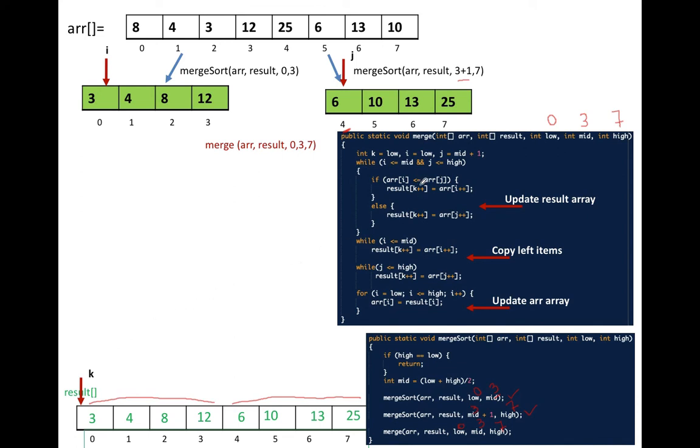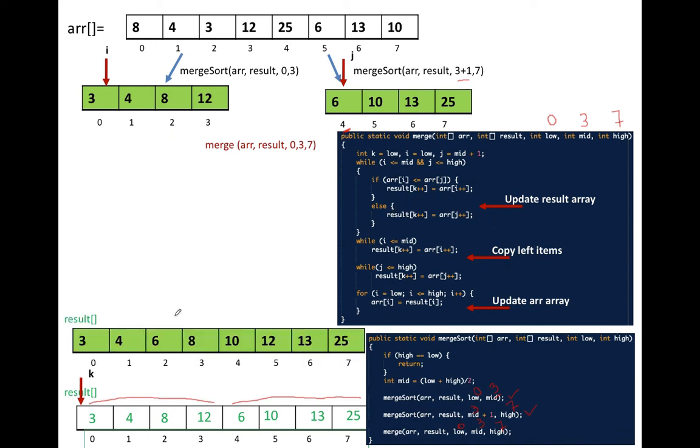So basically now we need to apply the same merge process that we just discussed for the left subarray. And after applying this merge process, we get the final sorted array, and we store the final sorted array into this result array. So if you see, this result array is already sorted, and as we need to update the main array also, the main array also gets updated with the sorted elements.